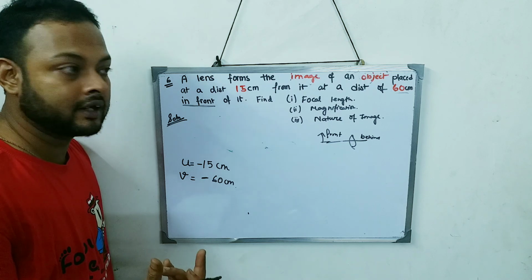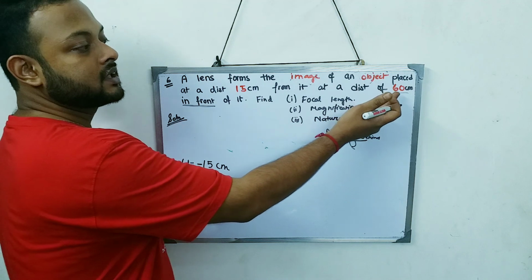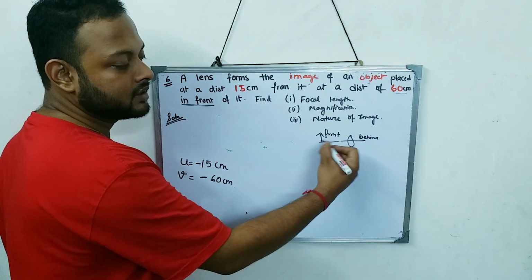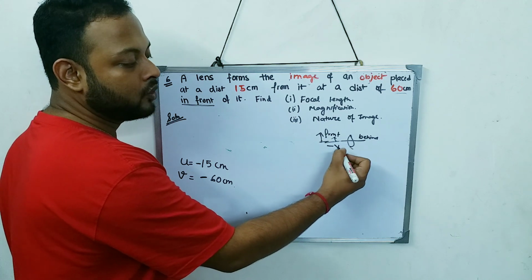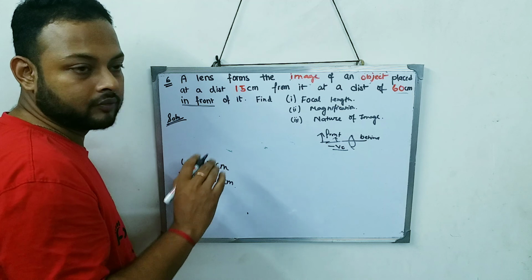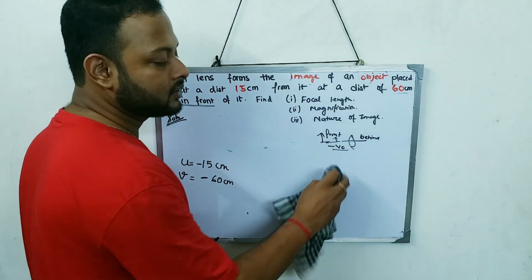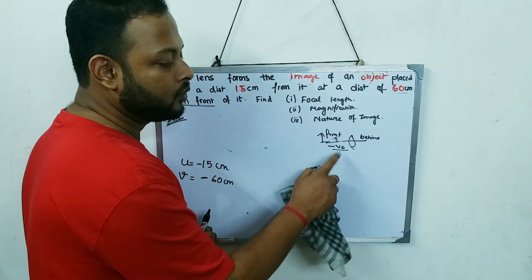You have to get this idea from reading the question. As it is said, distance of 60 centimeter in front, so front of the lens, and this front of the lens is this part. So the object is over here, the image is also over here, and both of them are negative. So I've written both of them as negative. Now I do not know whether it's concave or convex, but I know in front of it, in a concave or a convex, both have to be negative.